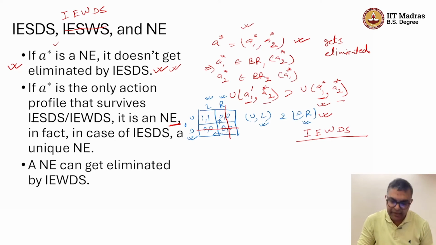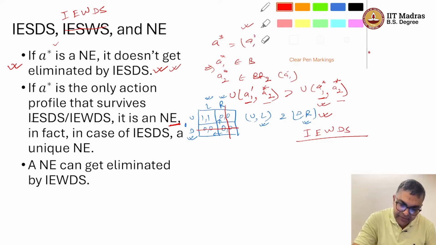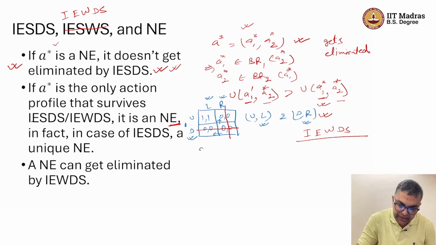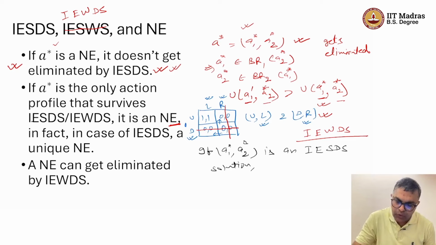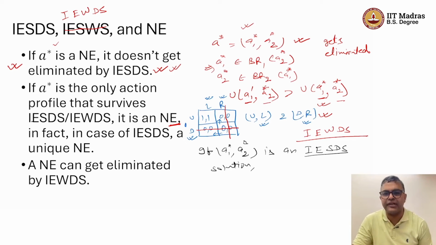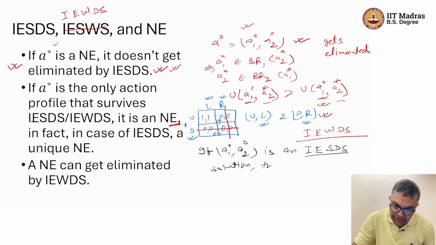This is a Nash equilibrium. In other words, we can write the same thing slightly differently. We can say, in a two player setting, if A1 star, A2 star is an iterative elimination of a strictly dominated strategy solution, and we are limiting ourselves to only iterative elimination of strictly dominated strategies, not of weakly dominated strategies, then A star is a Nash equilibrium.